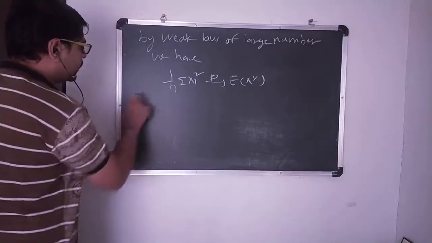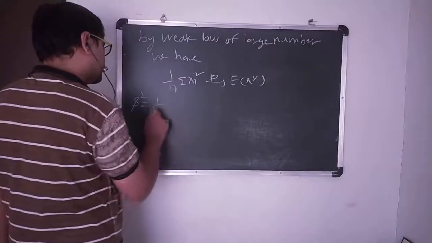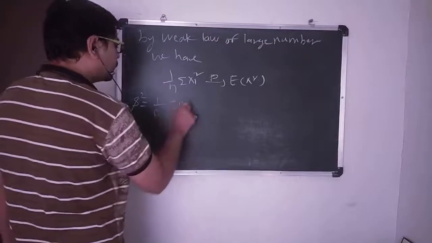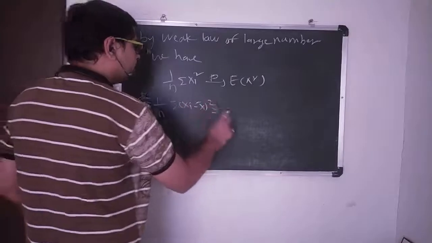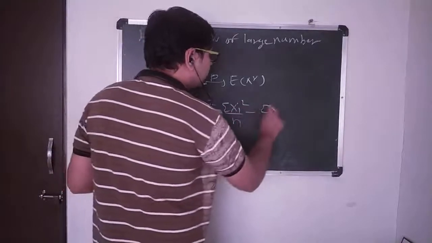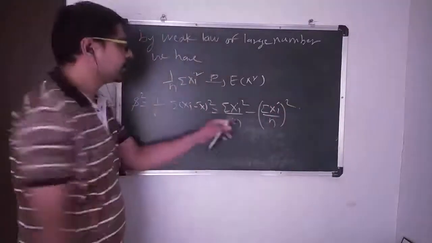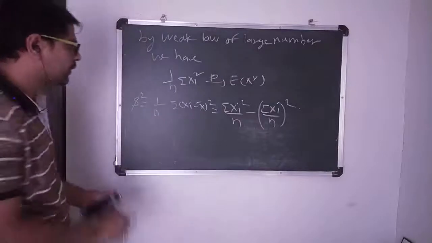So what is small s square? Small s square is 1 upon n summation xi minus x bar bracket square. This can be written as summation xi square upon n minus summation xi upon n bracket square. This is summation xi square upon n minus x bar square.